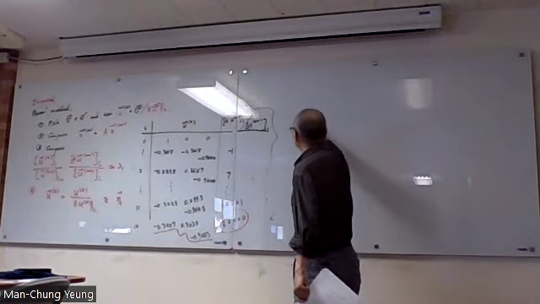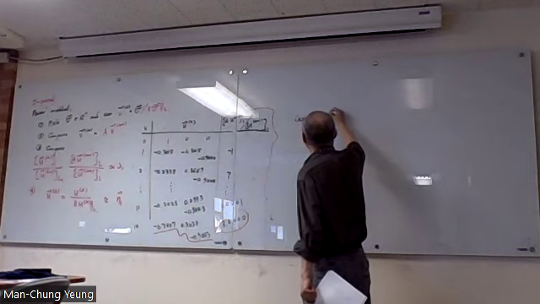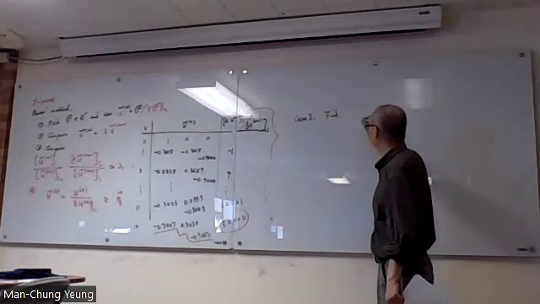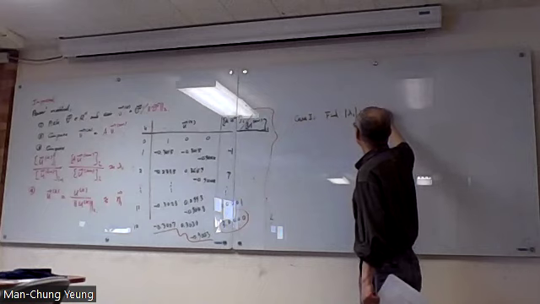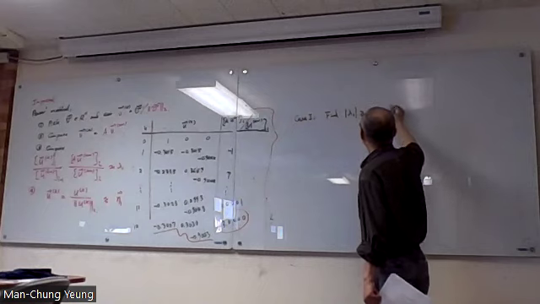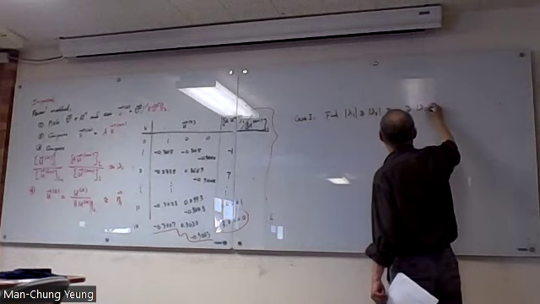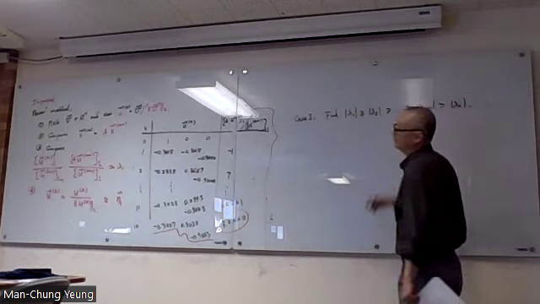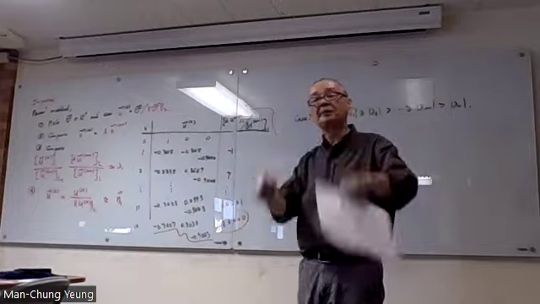Case one: find the smallest eigenvalue. Suppose |lambda 1| is greater than |lambda 2|, greater than ... greater than |lambda n minus 1|, and lambda n is smallest in absolute value.